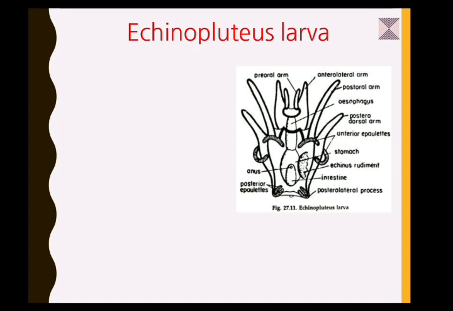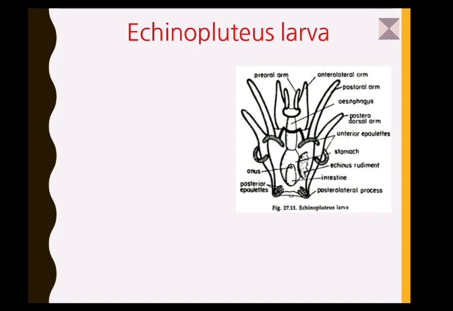If I go for the structure of this particular Echinopluteus larva, here also we have a definite mouth in the very center, an esophagus, a stomach, then an intestine and the anus. We have the pre-oral arms, the anterolateral, the post-oral arms, and then the posterior dorsal arms over here.